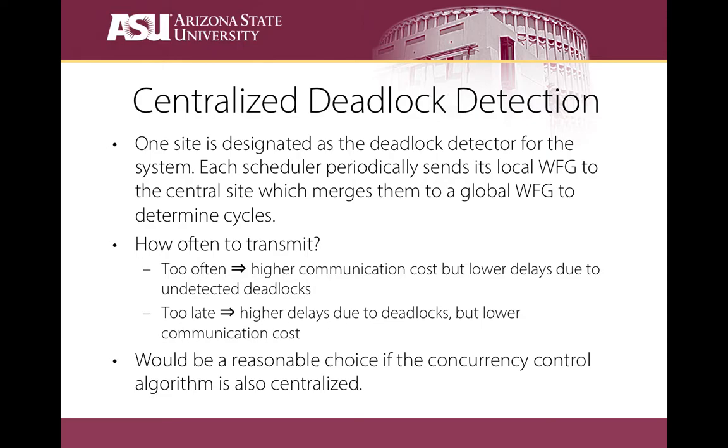A straightforward approach would be to have a central location where you collect the wait-for graphs and take a decision at this location. What does that mean? A transaction originates at one site, and this transaction does locking and many operations.